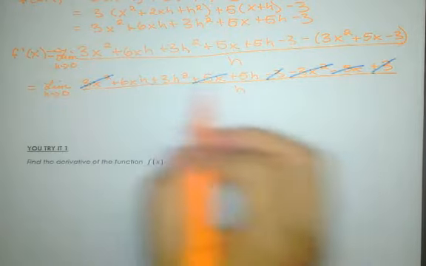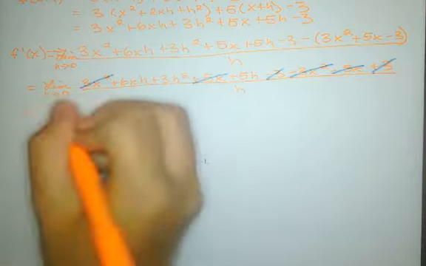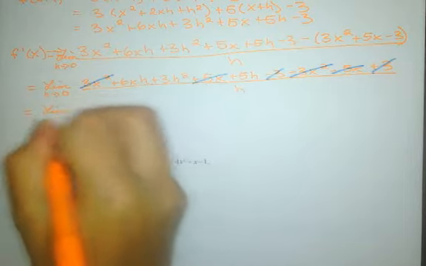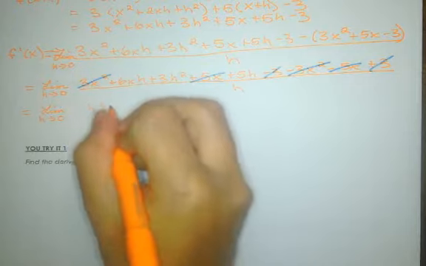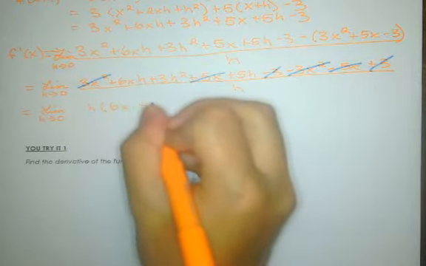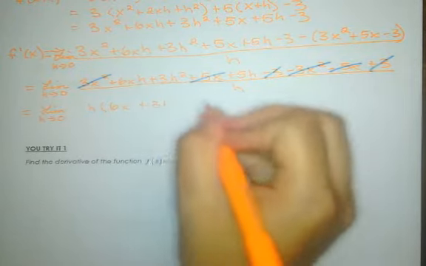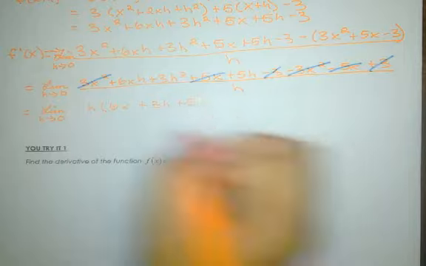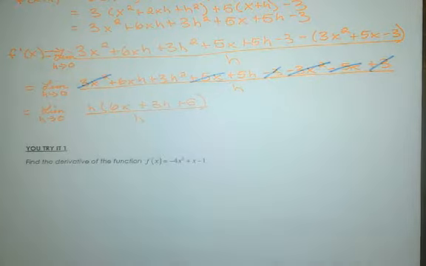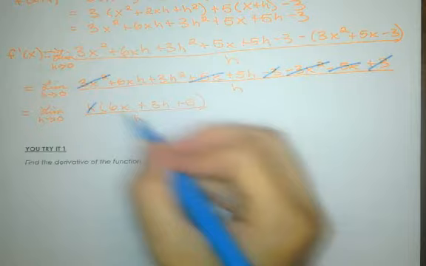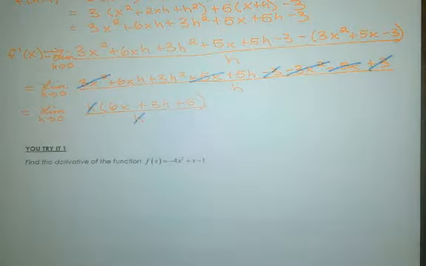And again, when you plug in h equals 0, you're like 0 over 0. That's an issue. But if you notice that the terms that are left all have a GCF of h. So I'm going to pull out that GCF of h, and I get 6x plus 3h, there's still an h there, plus 5, all over h. Now something good is about to happen, because now finally these h's will cancel.